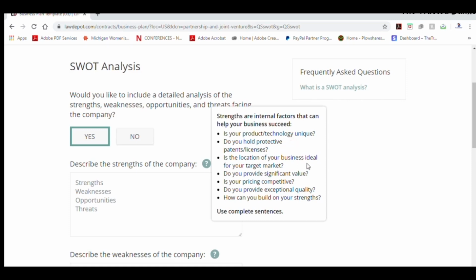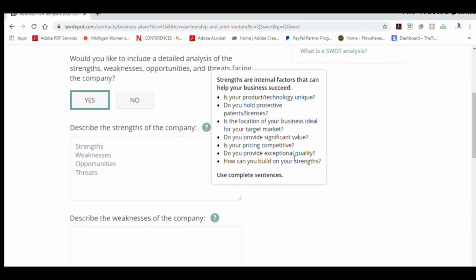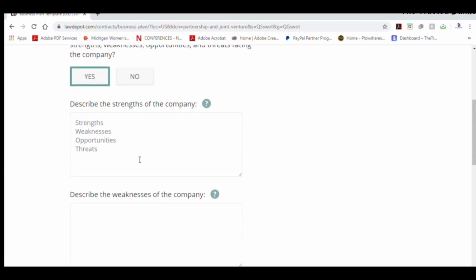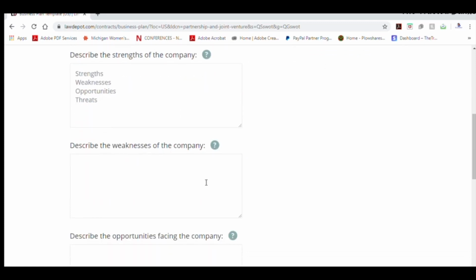The location of your business is ideal for your target market. How do you provide significant value? Your pricing, is it competitive? And do you provide exceptional quality, and how can you build on your strengths? So you want to answer in all of these categories: your strengths, your weaknesses, your opportunities, and your threats.